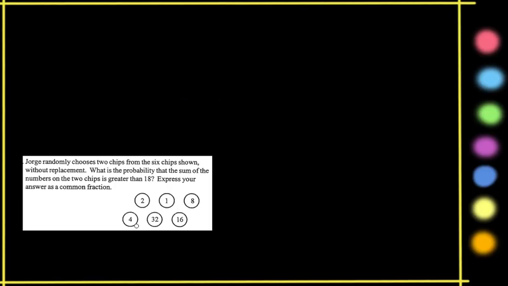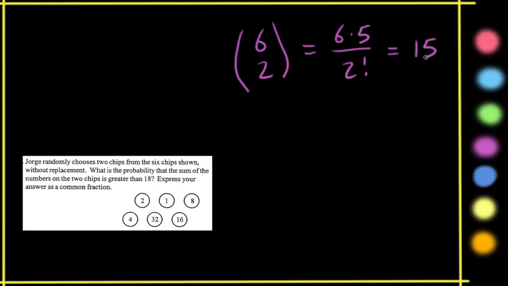Okay, so there's a lot of different pairs of these 6 chips. In fact, there are 6 choose 2 pairs, which is 6 times 5 divided by 2 factorial, which is equal to 15. So there are 15 pairs. If I were to draw them all, this would be a pair, this would be a pair, and so on. That's 7 of them, but there's another one there, right?